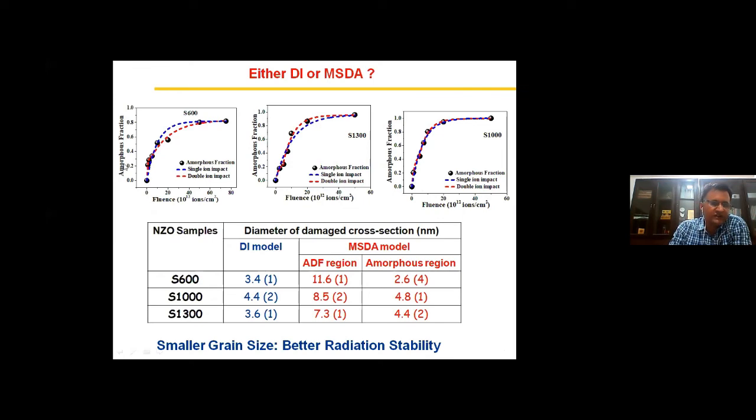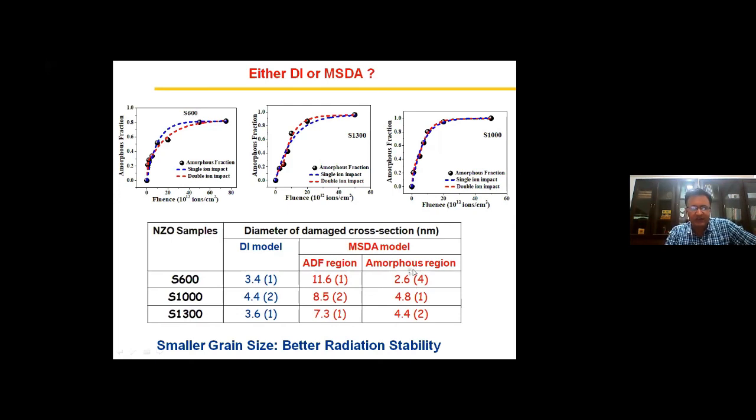These are again the amorphous fractions that we have calculated from X-ray diffraction data. There you can see that in the case of the direct impact model, the track size, the damage zone we have calculated, is not consistent: 3.4, 4.4, and 3.6. In the multi-step damage accumulation model, the first ion creates damage, and then we also consider the effect of the first ion when we consider the second ion.